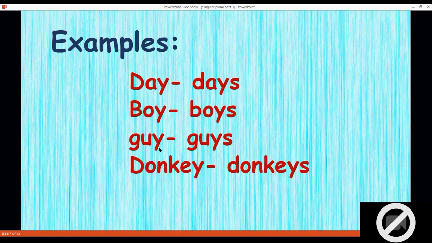Y. And before Y, what is the letter? Is it a vowel or a consonant? Vowel. So how can you change the word guy into a plural? We want to add S. Very good, Kavya. Thank you so much.